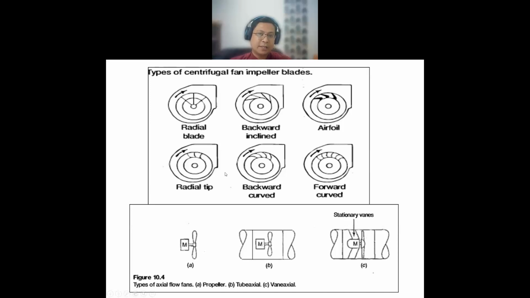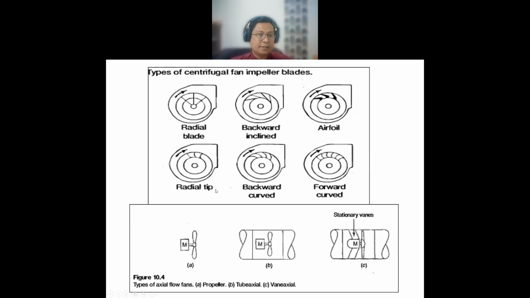And the airfoil type we can also recognize in the blade of the helicopter, which is created in the pattern of an airfoil.